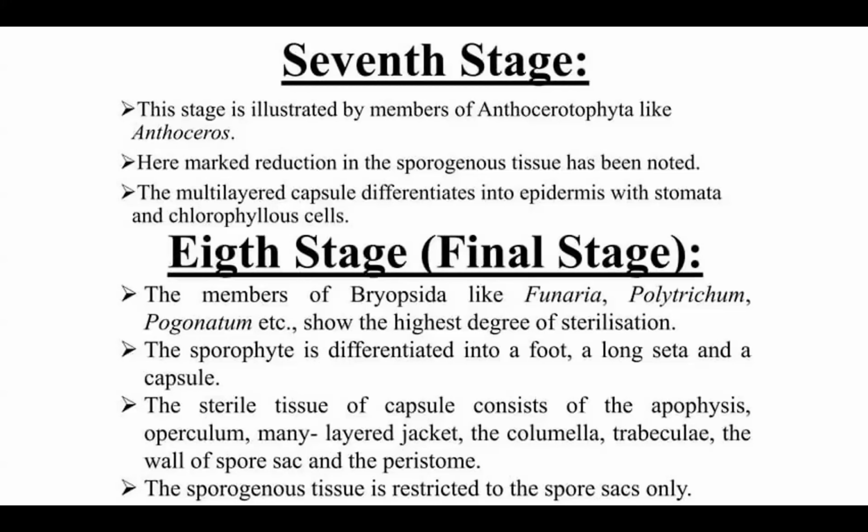The sterile tissue of the capsule consists of apophysis, operculum, a many-layered jacket, and columella, which is a sterile tissue, trabeculae surrounding the sporogenous tissue, that is spore sacs surrounded by inner trabeculae, outer trabeculae, and peristomial teeth. So all this complex structure is developed. The sporogenous tissue is restricted to spore sacs only. So this is the final or eighth stage, which is seen in Polytrichum.